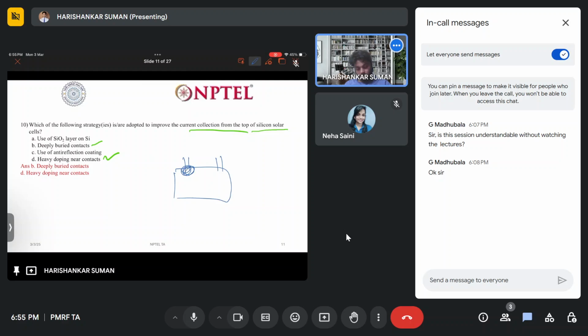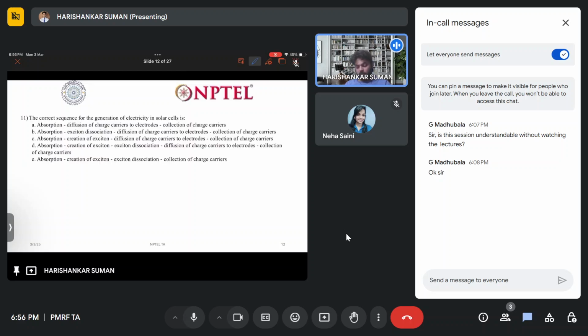So here is heavily doped, let's say p plus plus doping here near the contact, and buried contact.